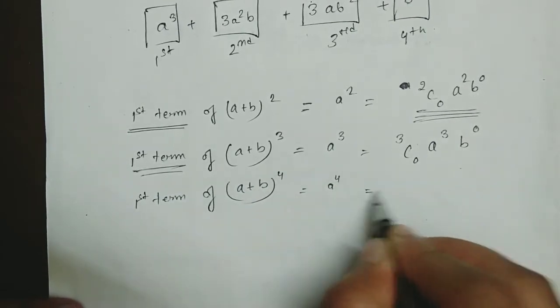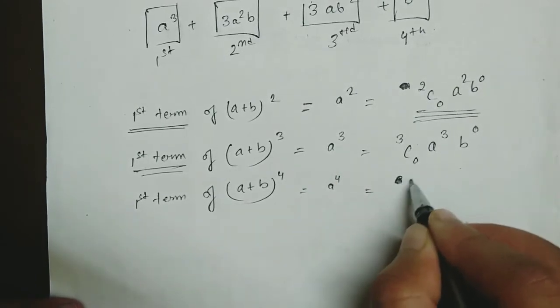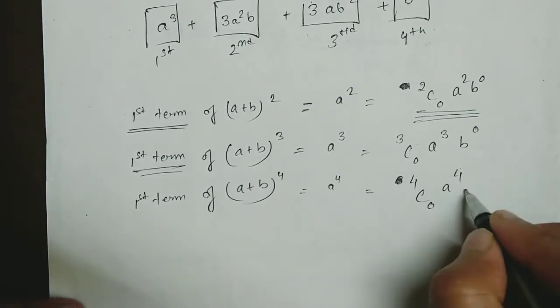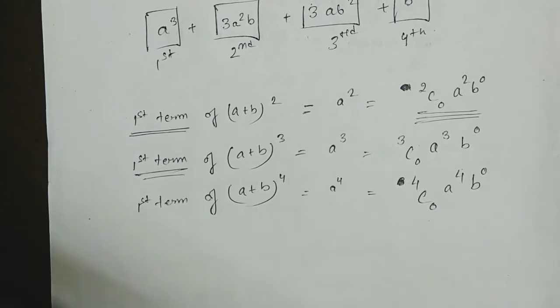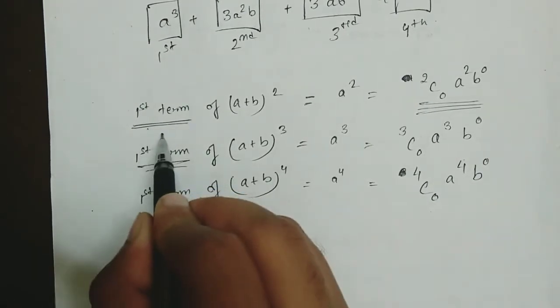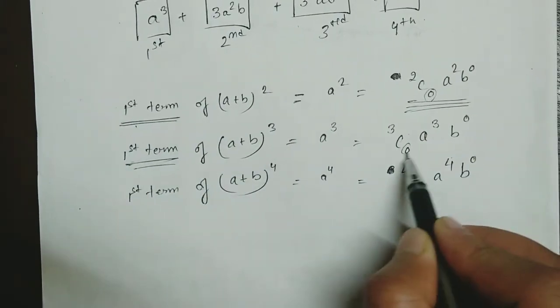First term to 4 আসছে, but how is it coming? আমাদের binomial theorem এ আসছে 4c0 a to the power 4 b to the power 0. Now have you noticed something? আমরা যদি ফার্স্ট টার্ম বলি দেন এই পোর্শনটা 0 আসছে, দেখো তিনটাতে সেম.